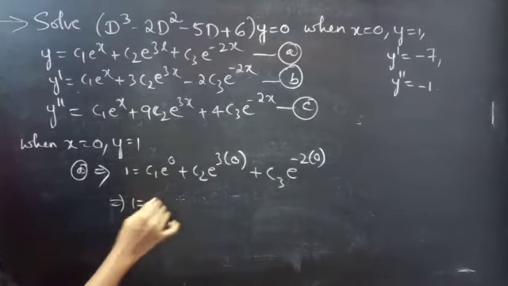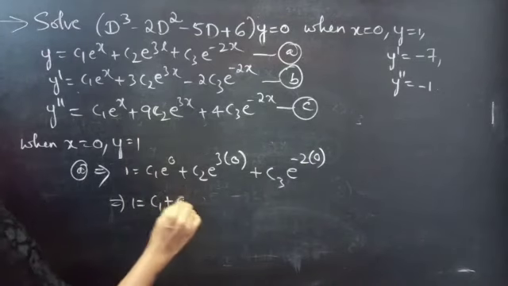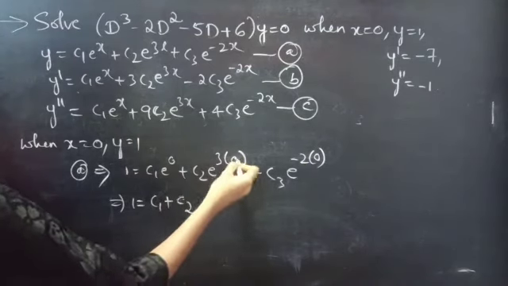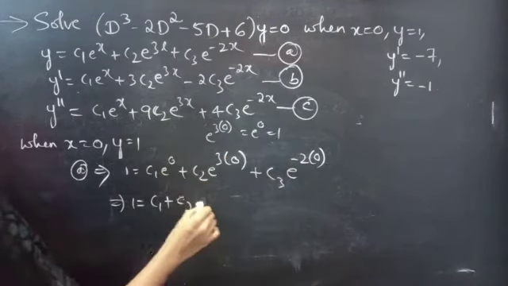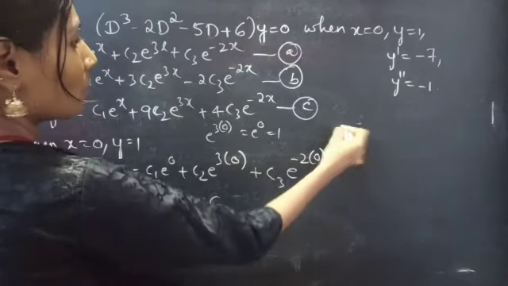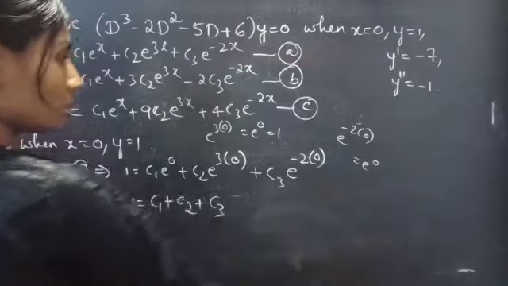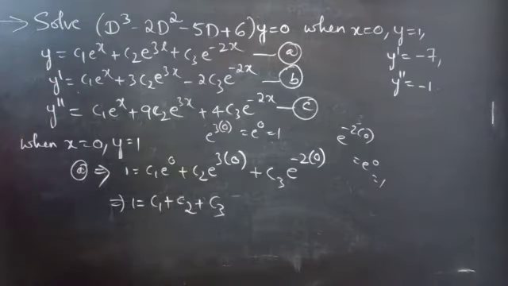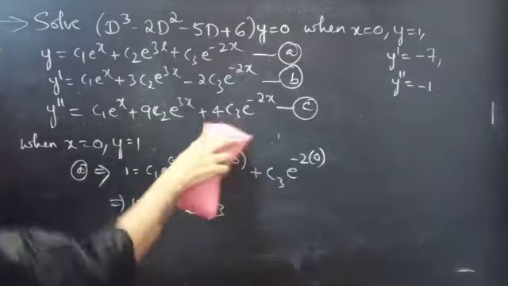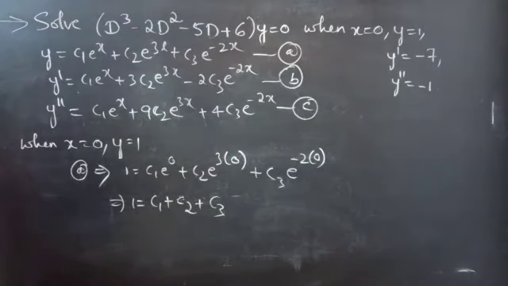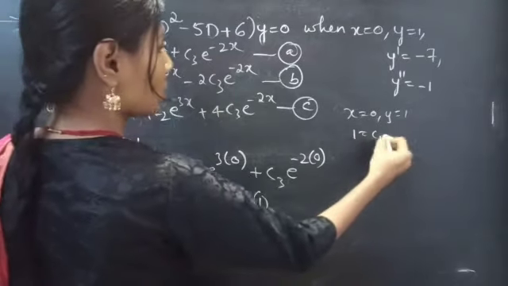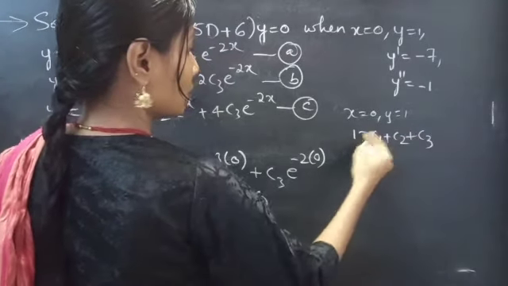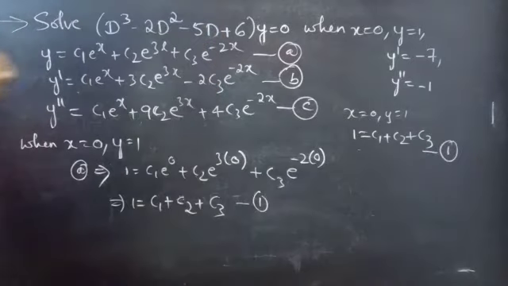We'll get 1 equals to c1 e power 0 is 1, plus c2 e power 3 into 0 is e power 0, which is equals to 1, then you'll get c2, plus c3 into e power minus 2 into 0 is again e power 0, which is equals to 1. Then you'll get c3. So when x equals to 0 and y equals to 1, we'll get 1 equals to c1 plus c2 plus c3. We'll consider it as equation 1.